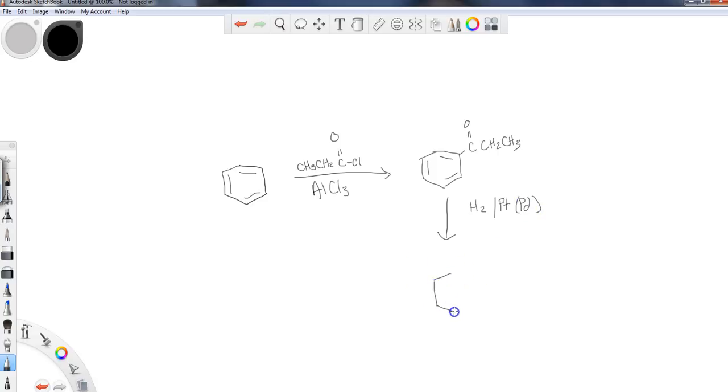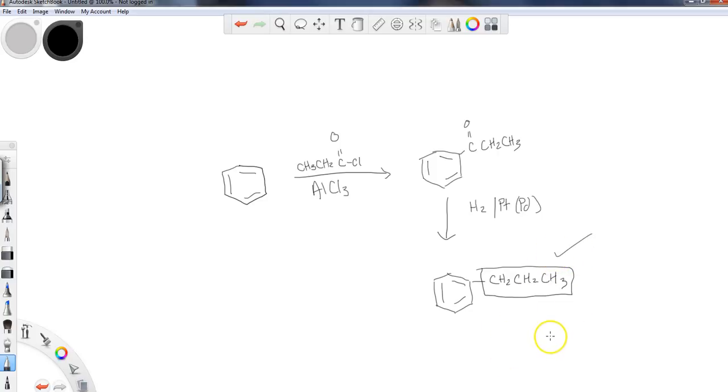This is when you have an aromatic ring, okay? Kind of like we saw the oxidation that we could do. You can bring this down to CH2, CH2, CH3. Okay, and that's nice because we said with the alkylation that we could not attach a group like this. It would end up rearranging itself.